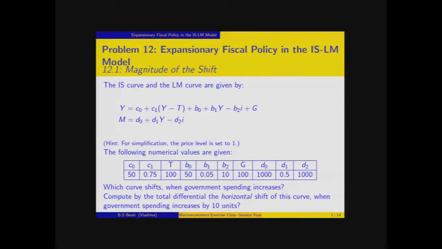The question here is which curve shifts when the government spending increases. Compute by the total differential the horizontal shift of this curve when government spending is increased by 10 units. So we have said that government spending is only implicated in our goods market, so therefore our IS curve shifts.